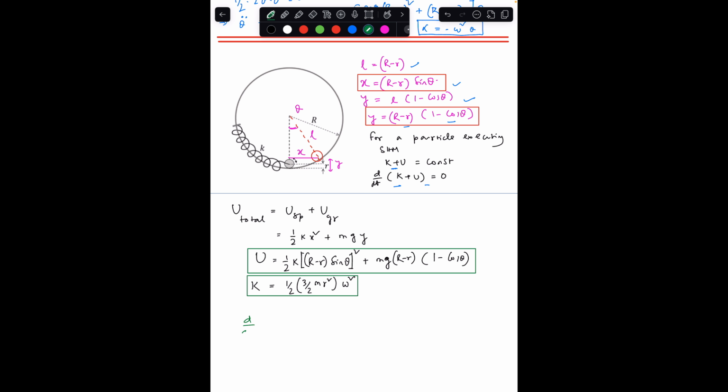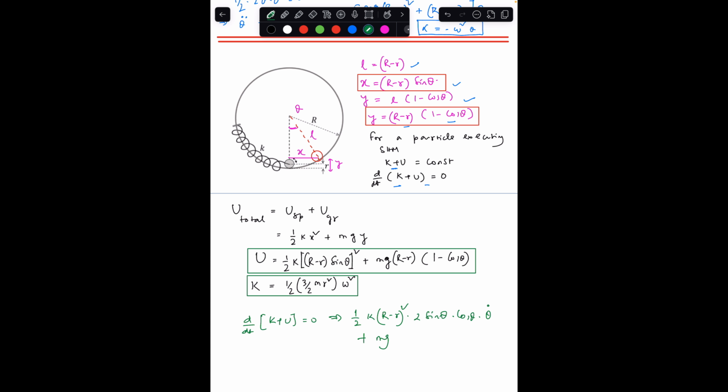So we can do d/dt of this K plus U is equal to 0. I'm doing one by one. So first you check half k (R minus r) whole square. I'll keep it separate. Then it is coming to sine theta into cos theta into theta dot. Right? Fine.